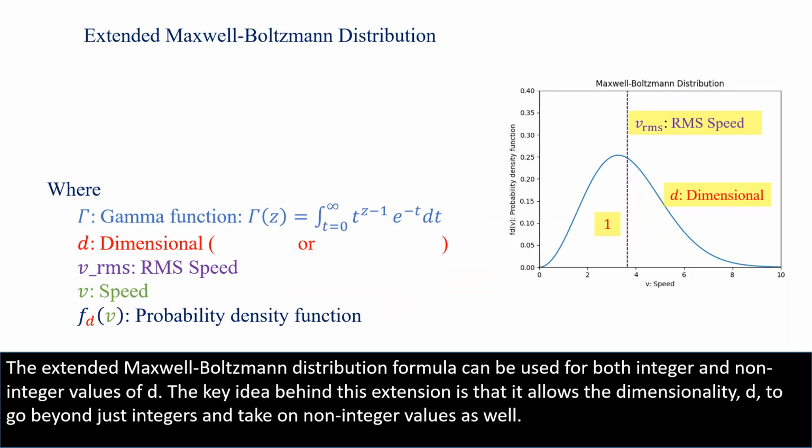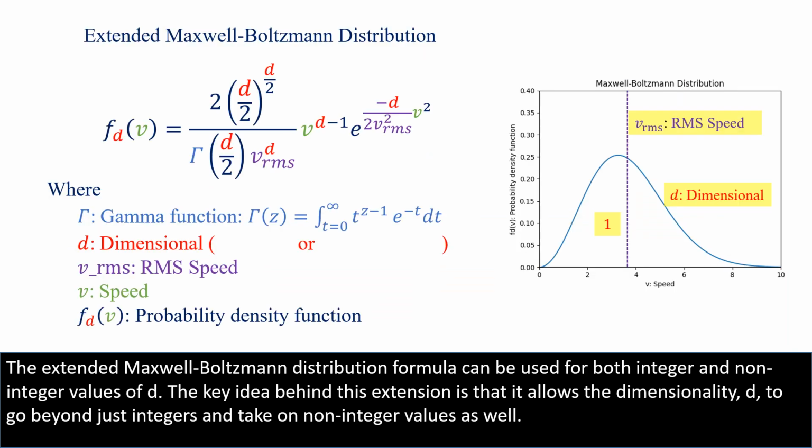The formula can be used for both integer and non-integer values of d. The key idea behind this extension is that it allows the dimensionality, d, to go beyond just integers and take on non-integer values as well.